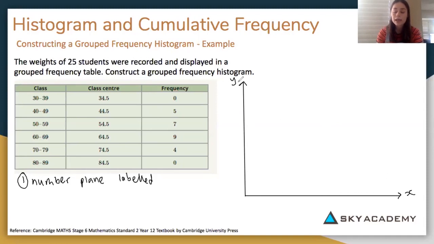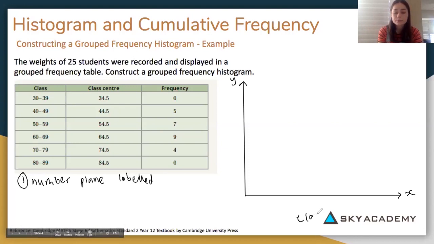And now I can label them. So this one, we can do equal class scores, class centers, or class intervals. And so I'm going to do the class interval for my x-axis.